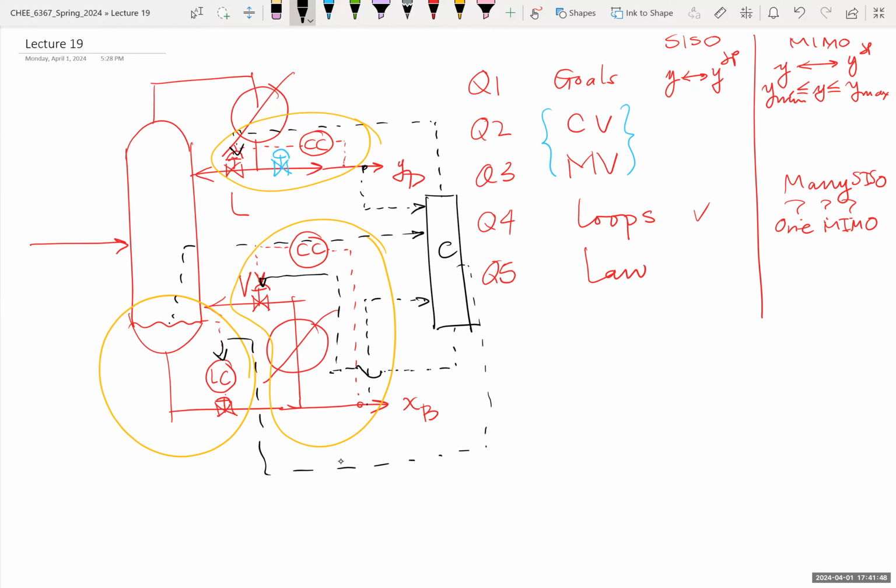something in between? So is your controller, if you want to create the structure here, essentially a diagonal controller, 3 single input, single output controllers, or could it be one single input, single output and a 2x2, or could it be a 3x3 controller?